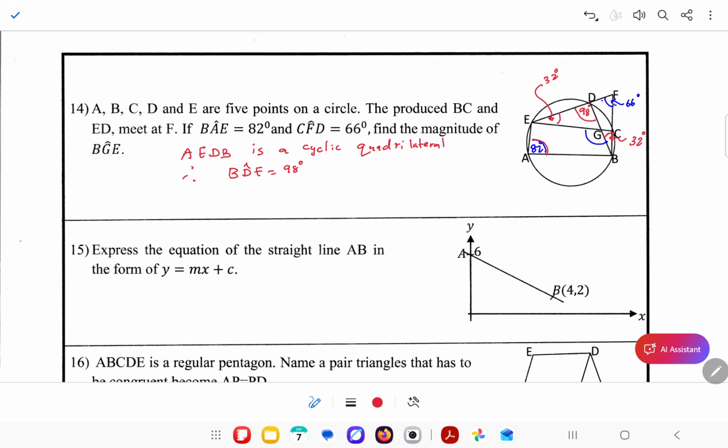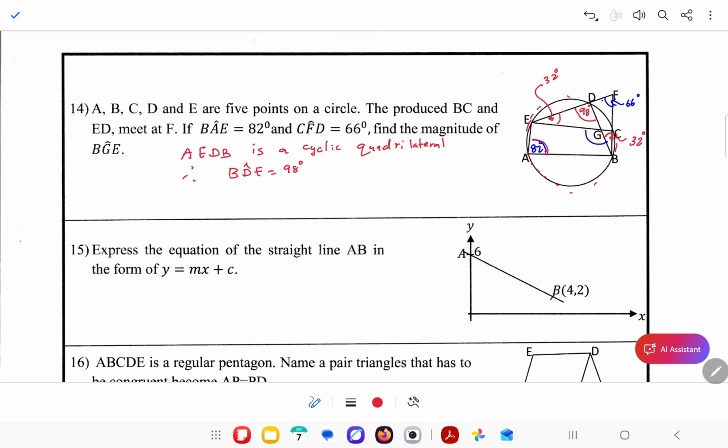Why? Look at CD. Then angles in the same segment. So you can go from C to D, this big sector.